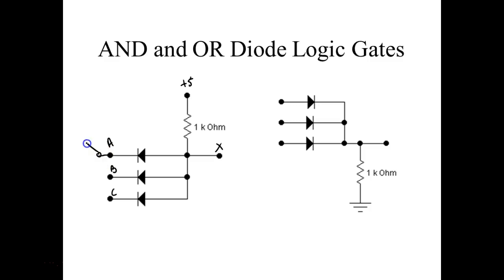I'm going to either switch this input up to plus 5 volts, or switch it down to circuit common. Not an open, it's going to have to switch down to a zero. So we're going to say that plus 5 volts equals a binary 1, and 0 volts equals a binary 0. Does that make sense so far? Okay.